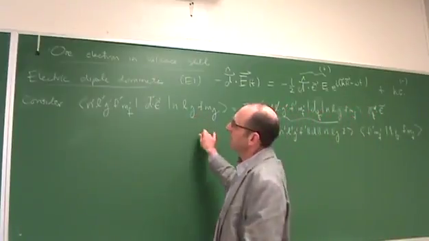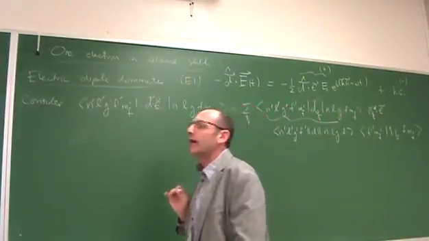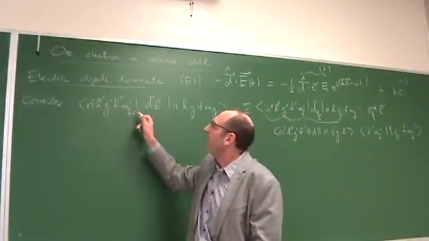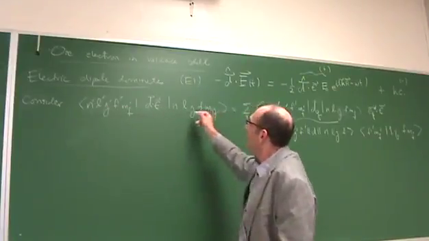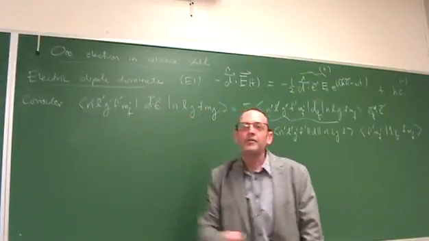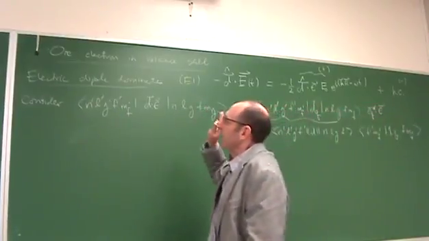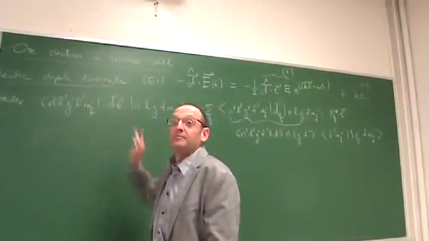And in particular, what we're focusing on right now is what are the quantum numbers associated with the initial and final states that are allowed if this matrix element is not zero.